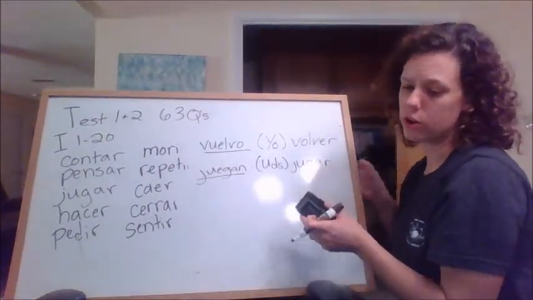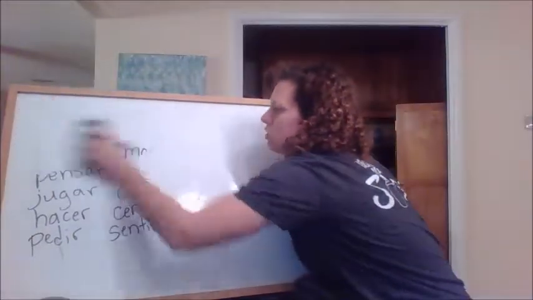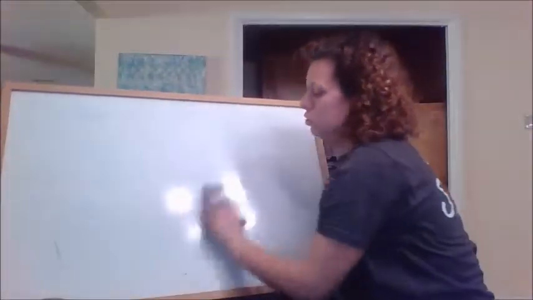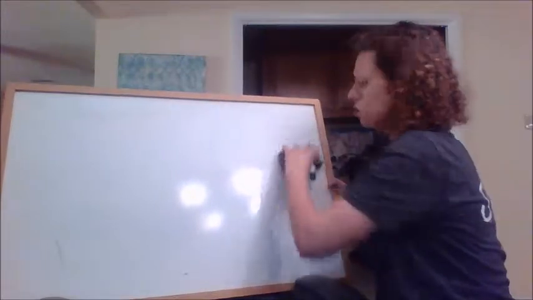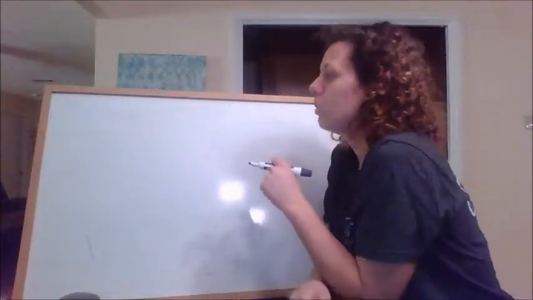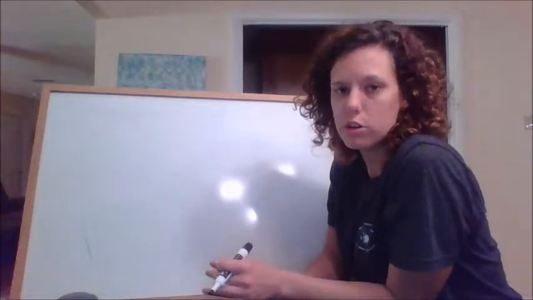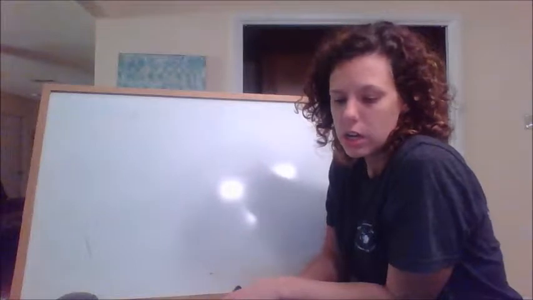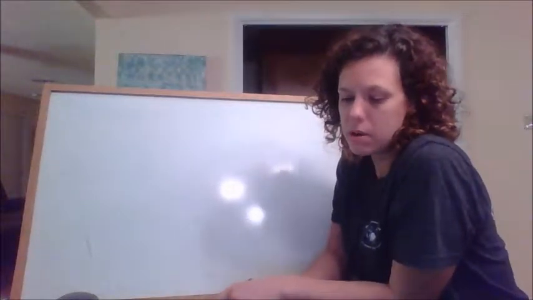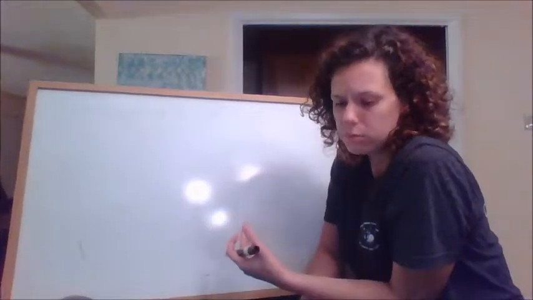Section 2 says write the correct form of the possessive adjective. So possessive adjectives are like mi, tu, su, nuestro, su. All right. So it's my, your, his, her, your, ours, theirs, y'all's. So what this is going to be is I'm going to give you the translation that I'm looking for and then a noun.